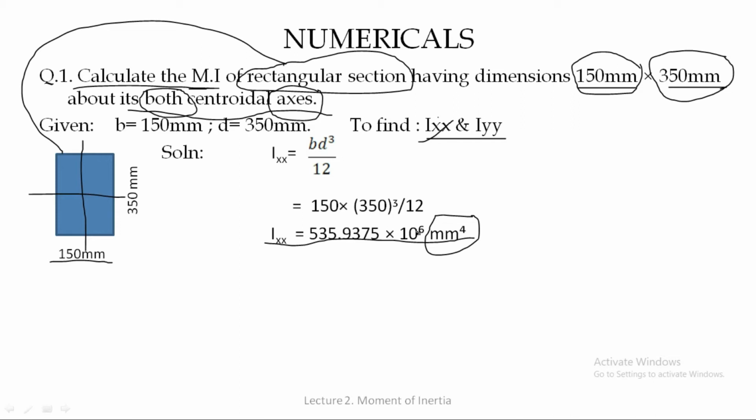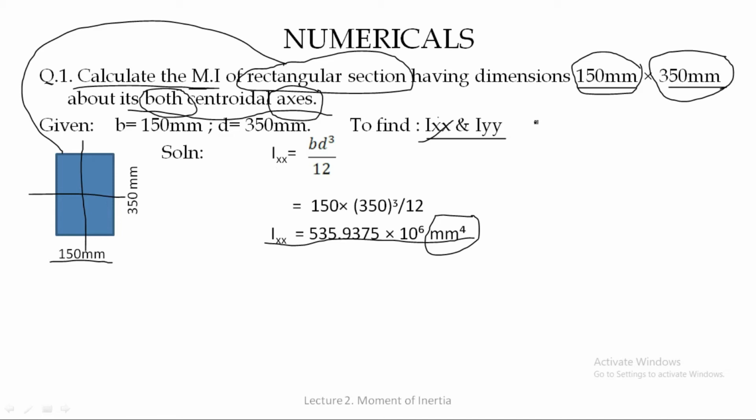Some of you might be wondering why I have written 4 digits after the decimal point. It is okay if you write 2 digits, but it is better to write 4 digits, because the answer will be more accurate.